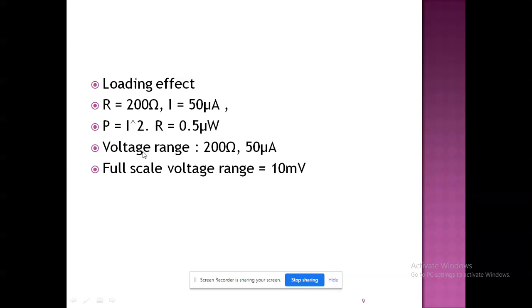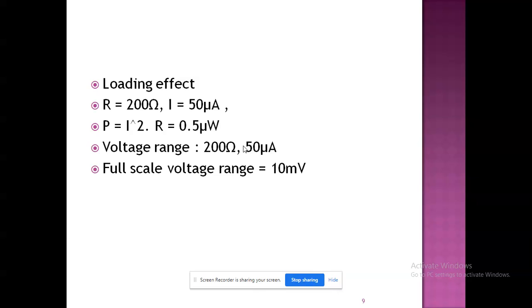So similar to the loading effect, let us just take an example with a voltage range. It is having an internal resistance of 200 ohm and full scale current of 50 microamps. Therefore, the full scale voltage range will be equal to R into I, which is equal to 10 millivolt. In case lower ranges of voltage have to be measured, the use of voltage amplifier becomes absolutely necessary.